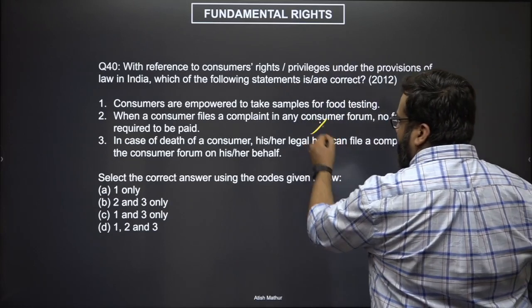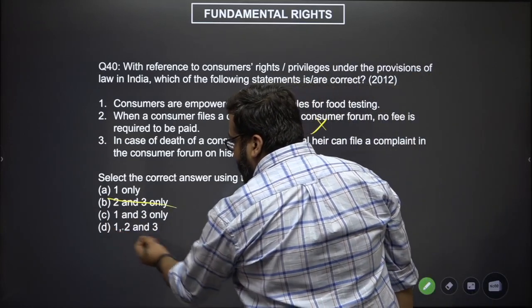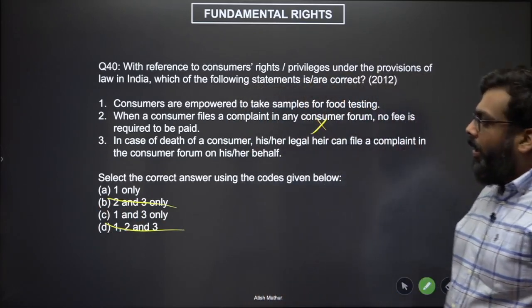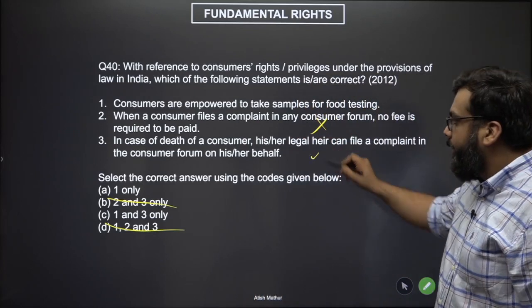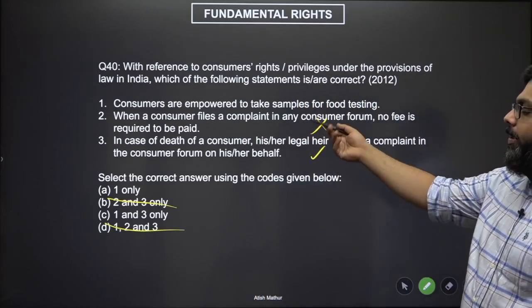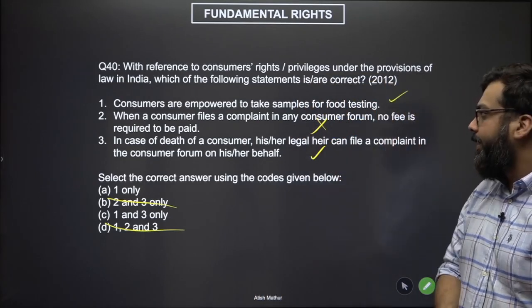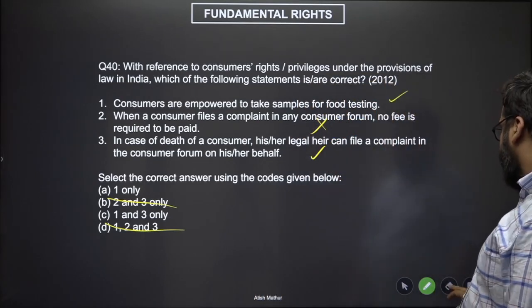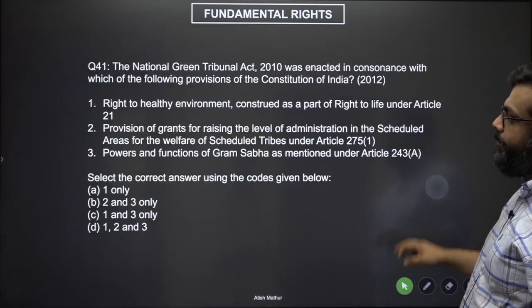This definitely sounds wrong. So any option which has 2 gets eliminated. Now you're left with 1 and 3 only. We've just proven that 3 is correct. 1 and 3, and 1 only means 1 is definitely correct. Of course, you're empowered to take samples for food testing. So your answer should be C.